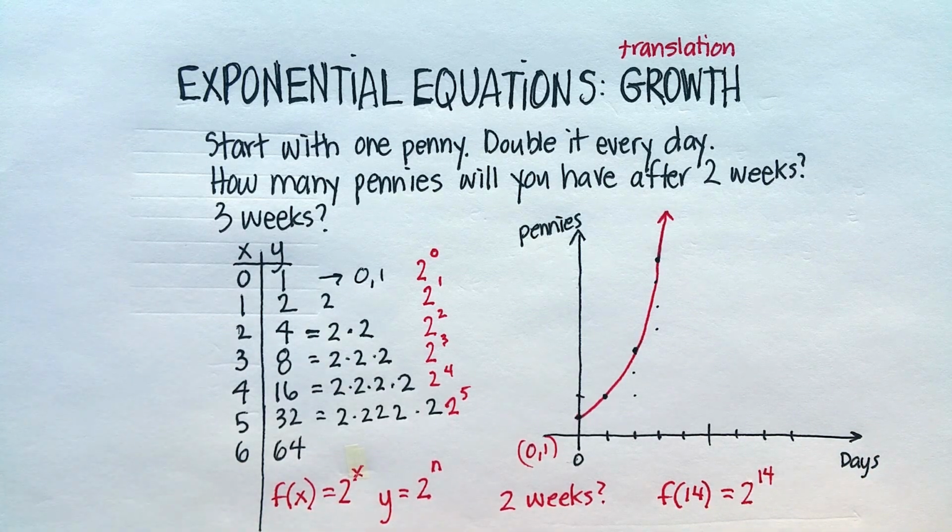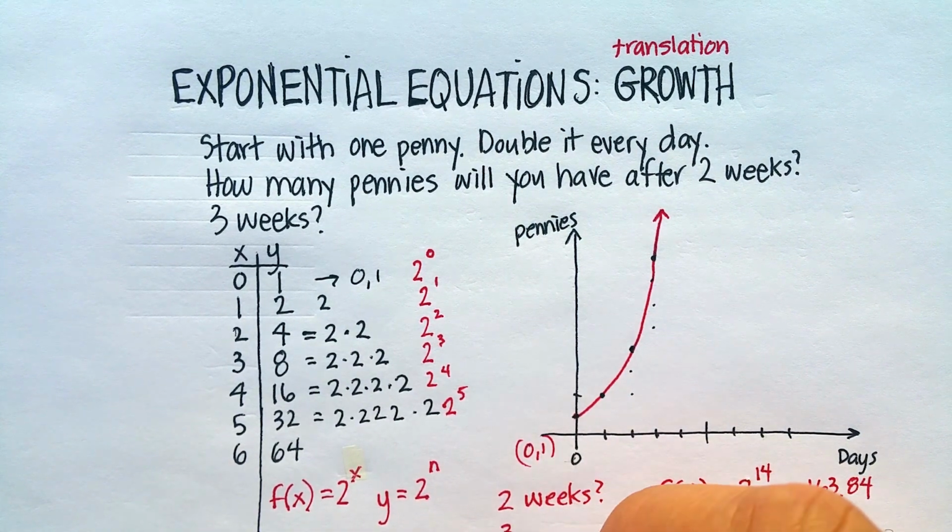Now take out your calculators, and what is 2 to the 14th power? So after 2 weeks, your daily allowance is going to be $163.84, or 16,384 pennies. That's not bad.